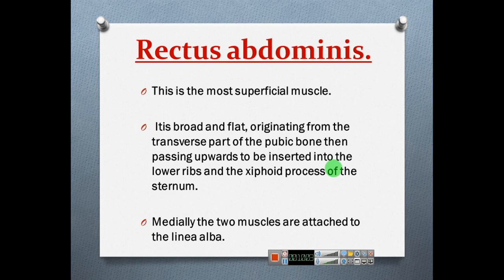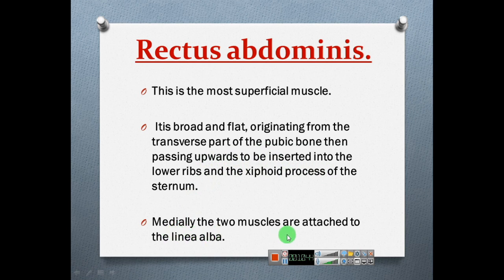Rectus abdominis. This is the most superficial muscle. It is broad and flat, originating from the transverse part of the pubic bone, then passing upwards to be inserted into the lower ribs and the xiphoid process of the sternum.